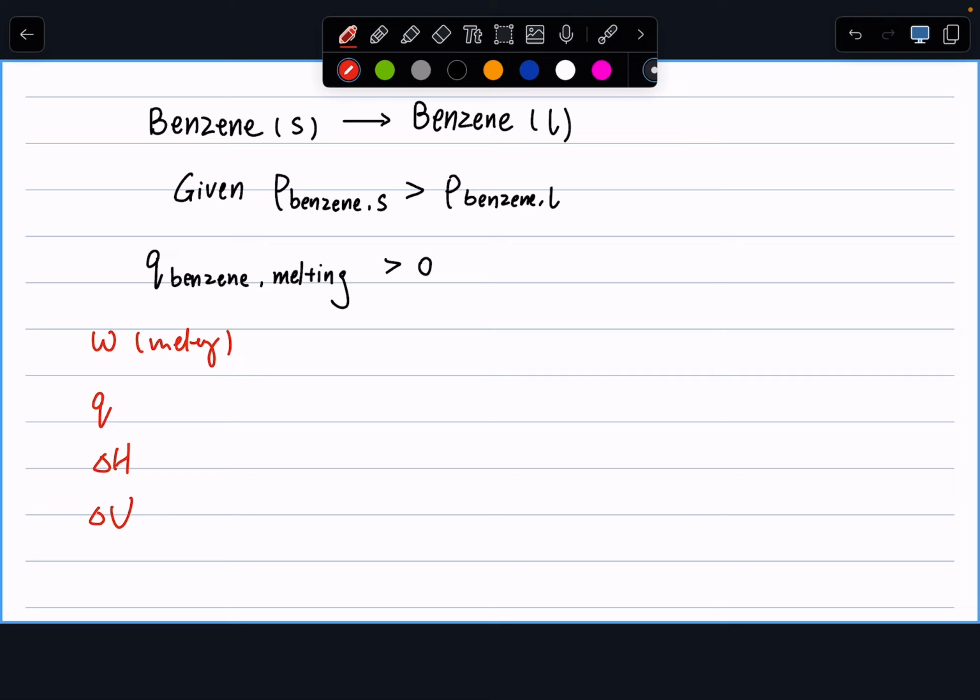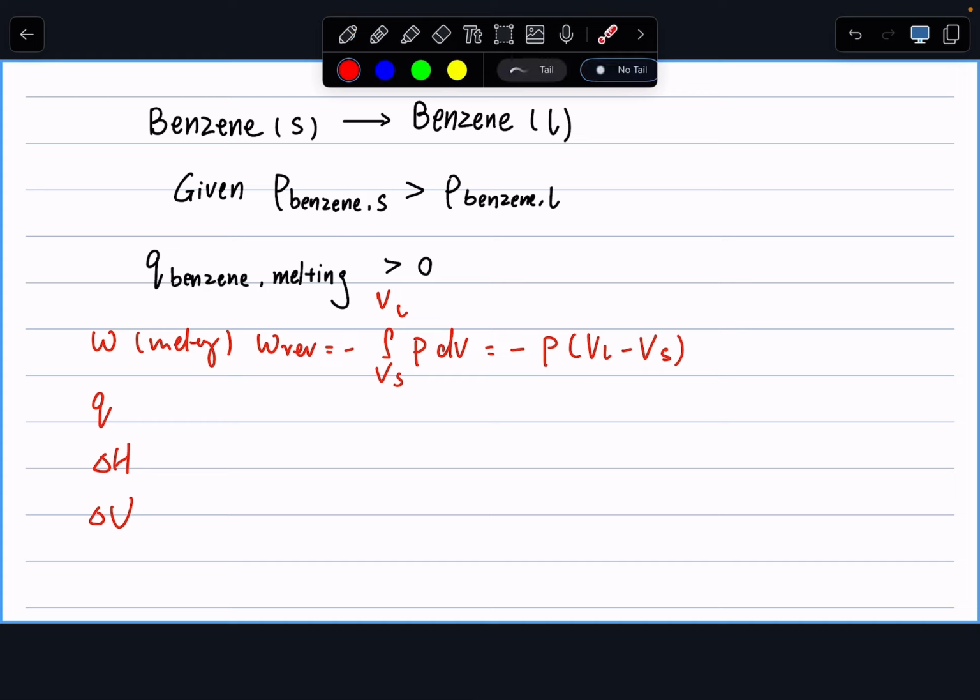Thus, we're using W reversible equals negative integral from V solid, that's initial, to V final, of PdV. Pressure is a constant, we can take it out. That's negative pressure times V liquid, V final, minus V initial, so V liquid minus V solid.